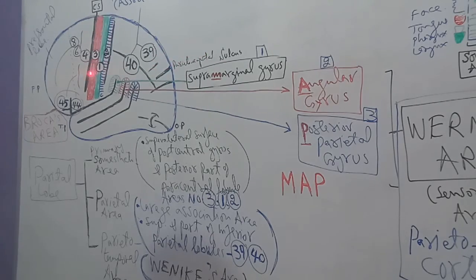We finished with the sensory area. After finishing with the auditory area and visual area, we will talk about the functions of areas number 39 and 40 in the next lecture.